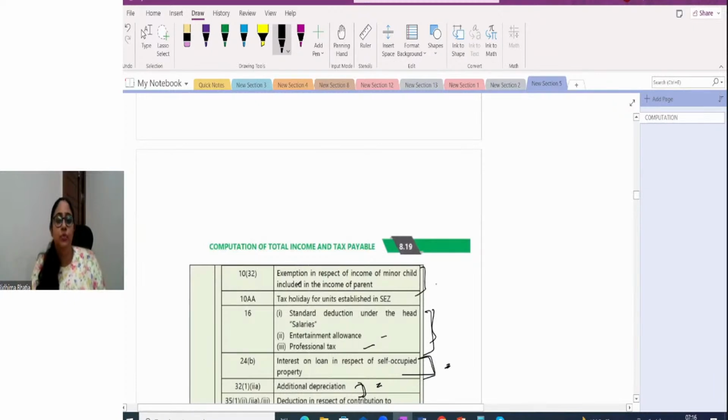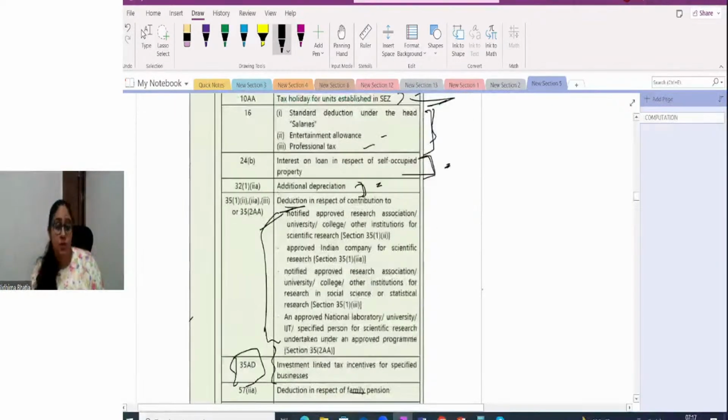Minor child ka exemption, which is almost 1500, that would also not be allowed. 10AA ka deduction, which is 100% of your export profits for first 5 years, 50% for the next 5 years, and 50% for the next 5 years, provided certain conditions are fulfilled, would not be allowed.